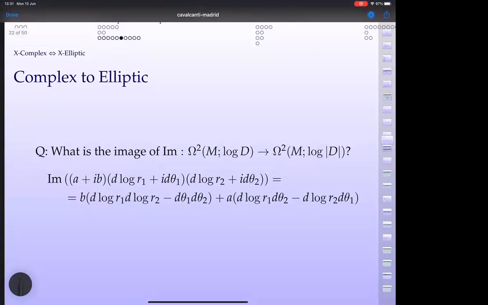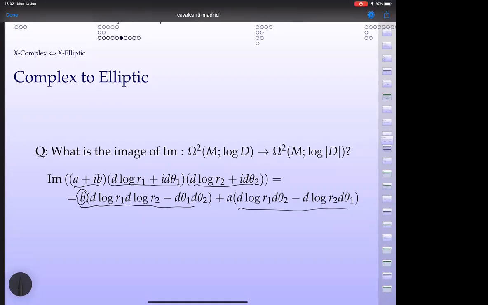For degree 2 forms, I can just write down the product. So I pick d log Z1, which is this, d log Z2, put some complex coefficient in front and multiply them together. When I look at the imaginary part, I get this term and this term. So the a's and the b's I can separate. And I see that the b is going to be the coefficient at the same time of d log R1, d log R2, and d theta 1, d theta 2.